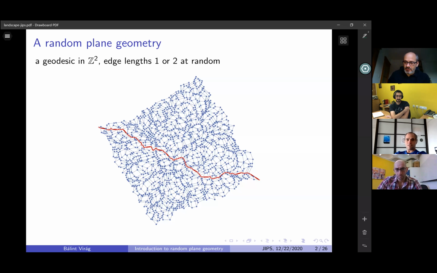So this is the kind of object we try to understand, and pretty much anything about this model is an open problem, but we still have a very good idea of what's going to happen once we can prove things.